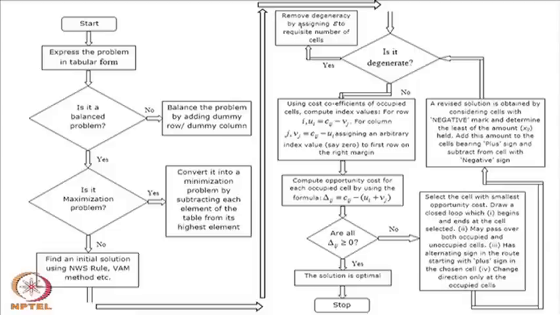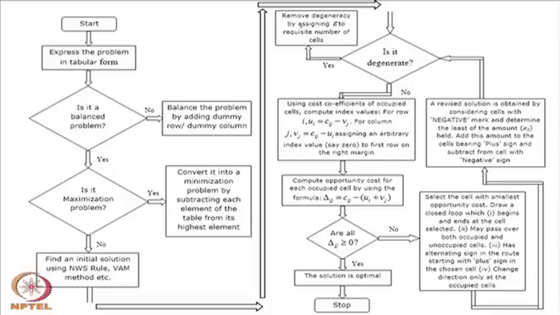So, at first you have to calculate what your u_i and v_j are from the example, and how to calculate the values of u_i and v_j, that we will show you. Please note that u_i and v_j will be calculated only from the cells which have been allocated in the initial basic feasible solution.